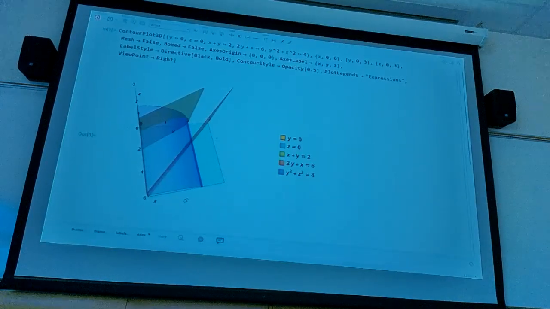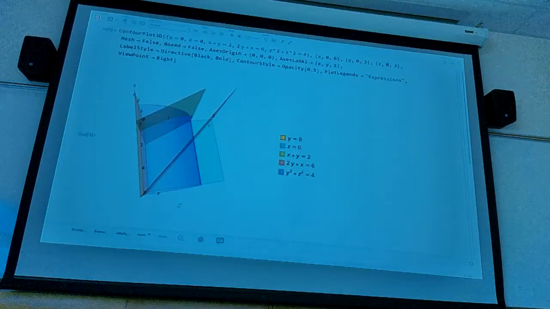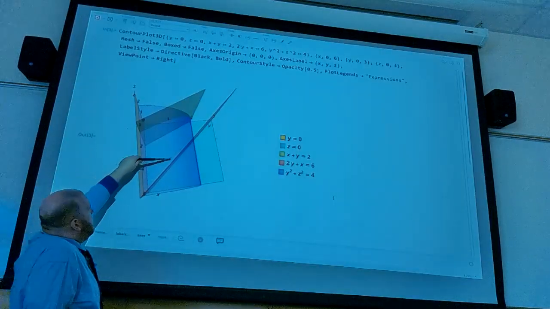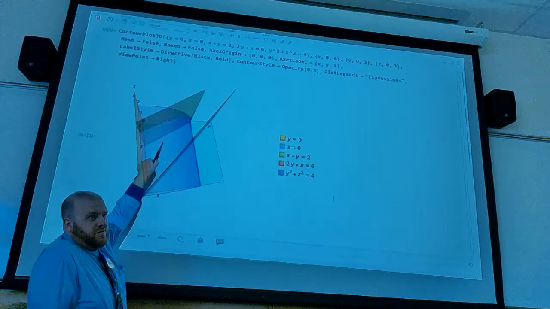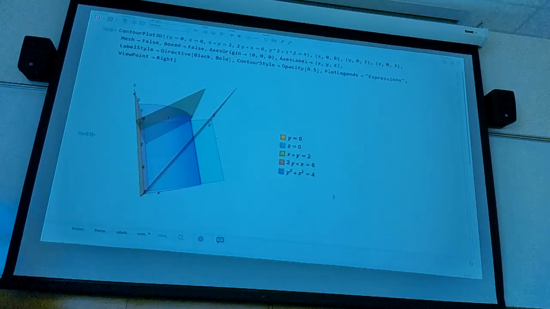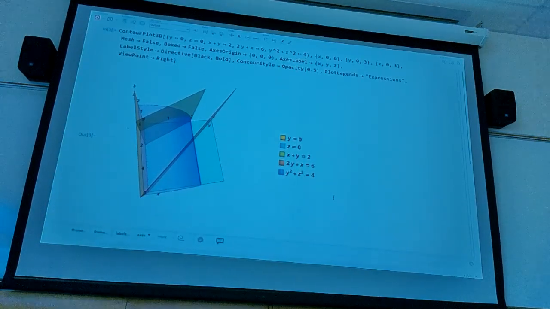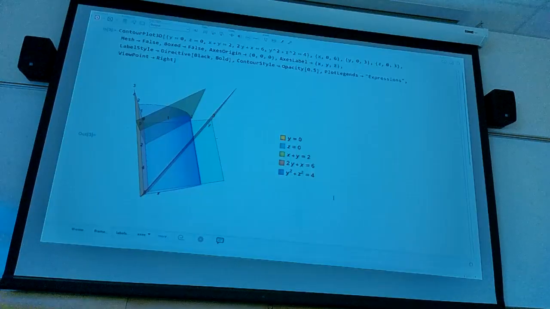If I do this, it is this entire solid under the cylinder. That's the region we have to try and describe.